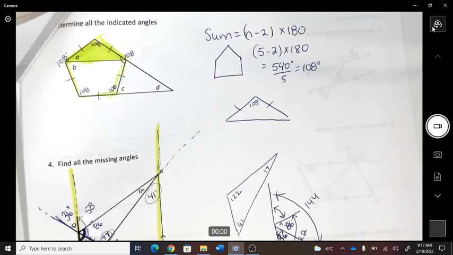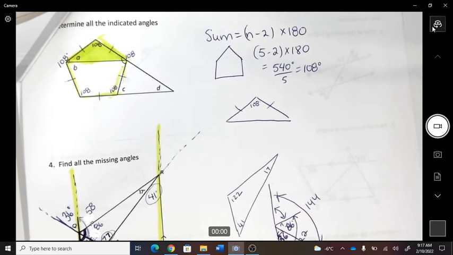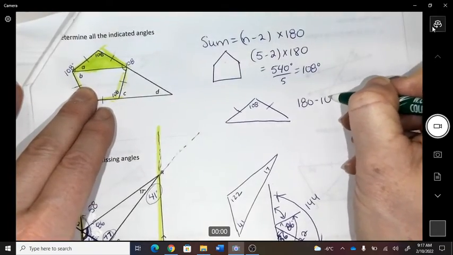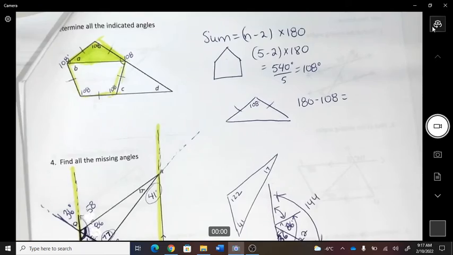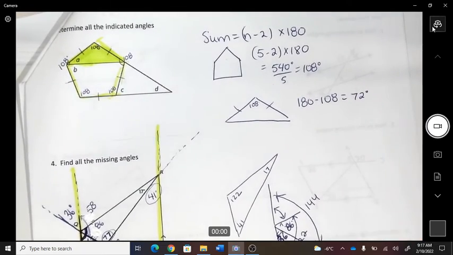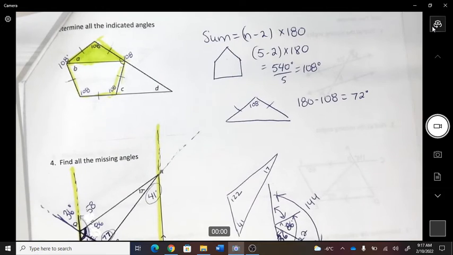What would you do there? So you would see, I got to add up to 180, right? So I would subtract that. So I still need 72 degrees.